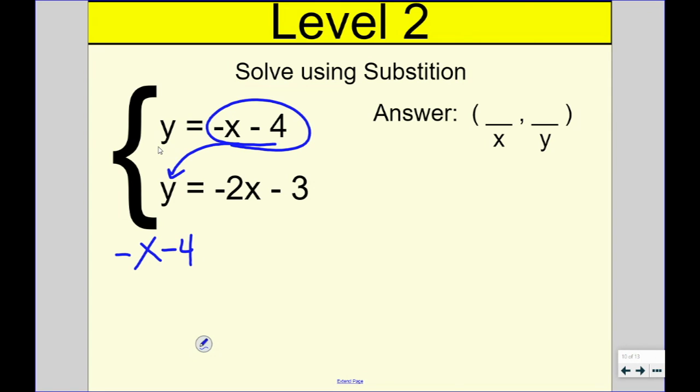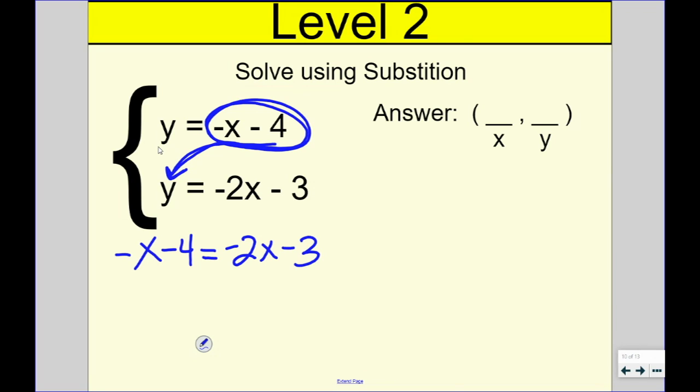So I'm going to substitute -x minus 4 into this y. So this y will not be there, and the substitute will be there. And so we have -x minus 4 replacing our y in the second equation. And here we're still going to write down the rest of the equation, -2x minus 3.